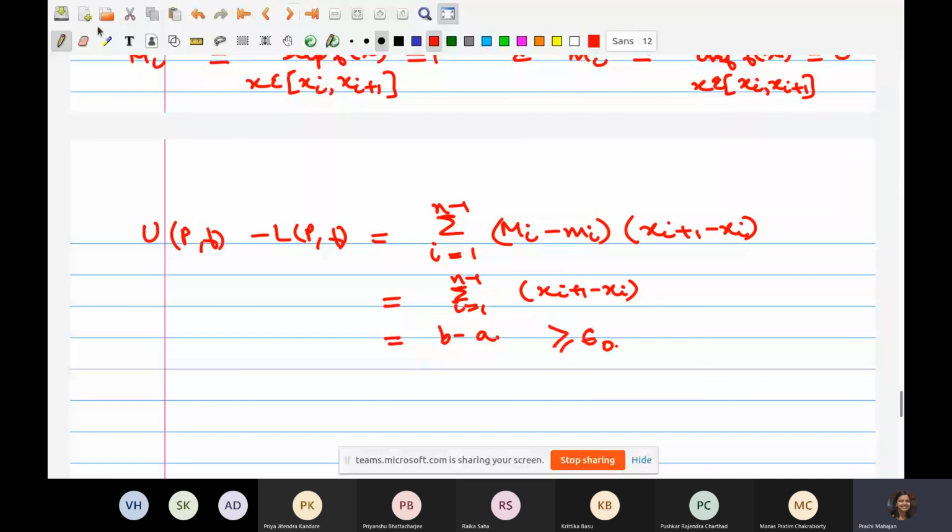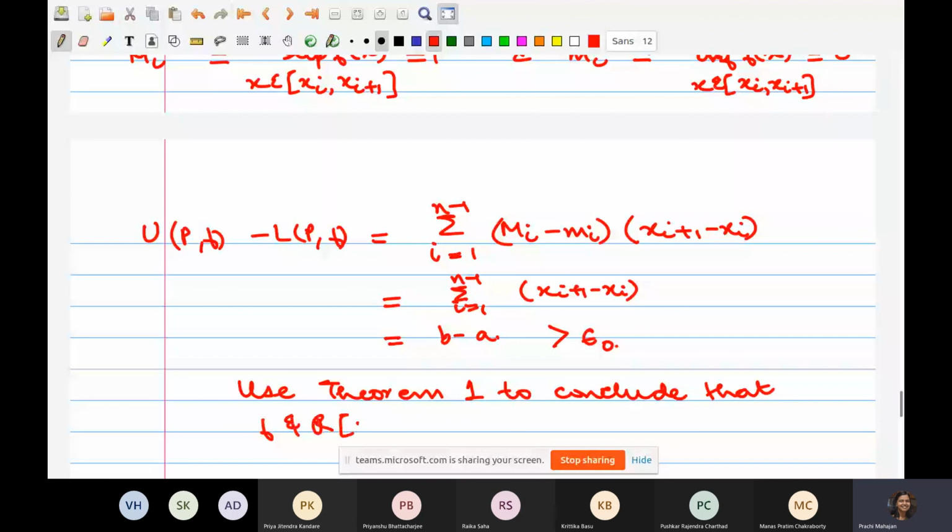I took a strict inequality here, so let me put a second one. So it follows from theorem 1 that this function f is not Riemann integrable on the interval ab, no matter what a and b are. Is that okay?